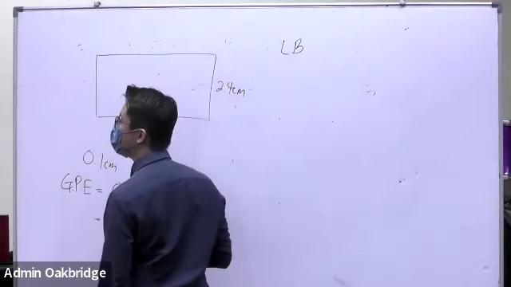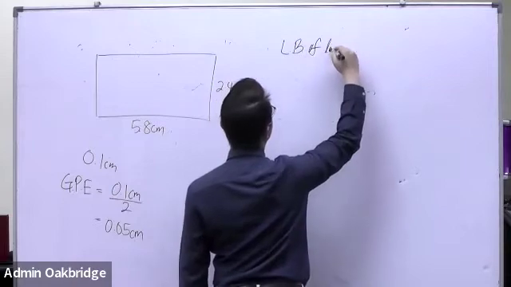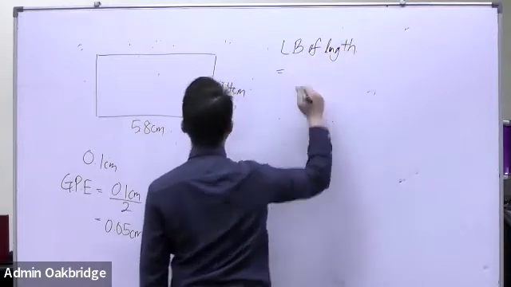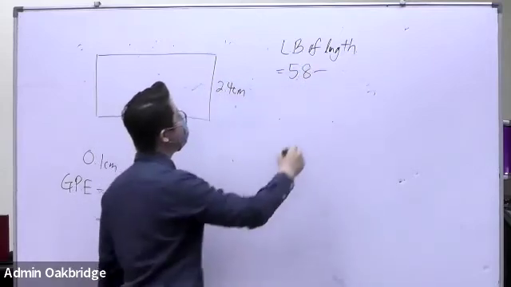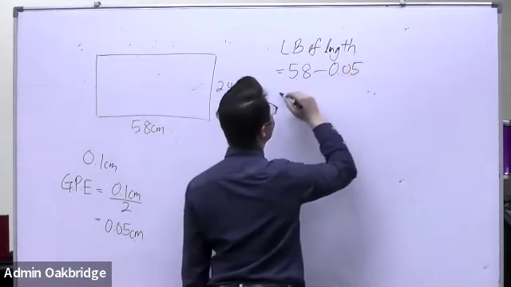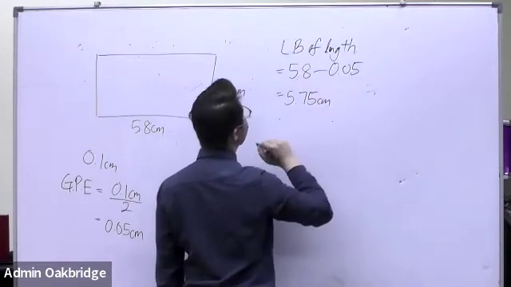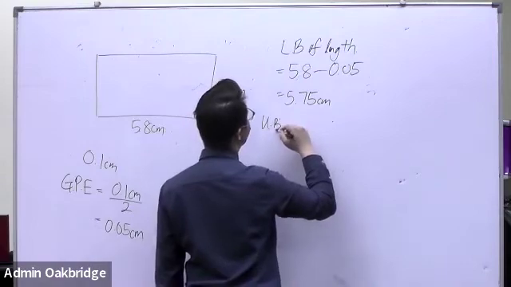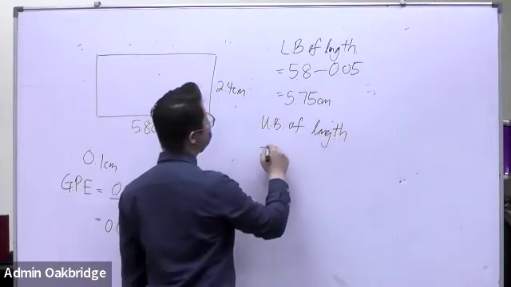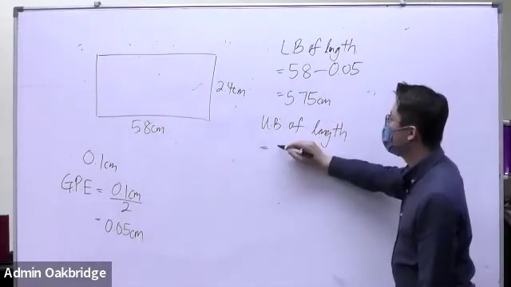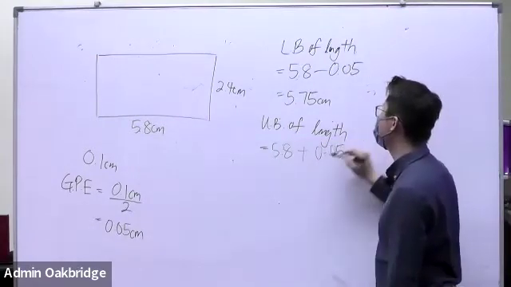Now you're going to get the lower bound and the upper bound, both. Lower bound of the length: you take the measurement 5.8 and minus 0.05, and you will have 5.75. How about the upper bound of the length? Again, you take 5.8 plus 0.05.